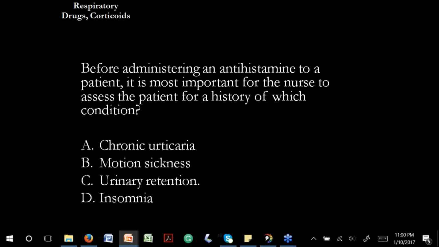Before administering antihistaminic to a patient, it's most important for a nurse to assess the patient history of which condition? Chronic urticaria. What is urticaria? Urticaria is eczema of contact. For example, when you go to the forest and you have this poison oak, yes. Or, well, I don't know, these plants that produce urticaria produce itchiness, redness, and pain. Motion sickness, when you are going to the Caribbean on some cruise, urinary retention, insomnia.